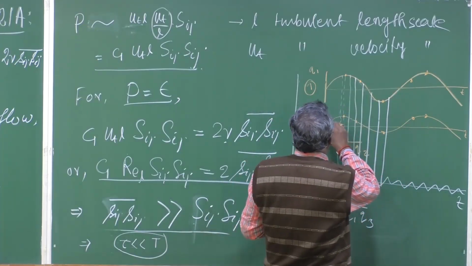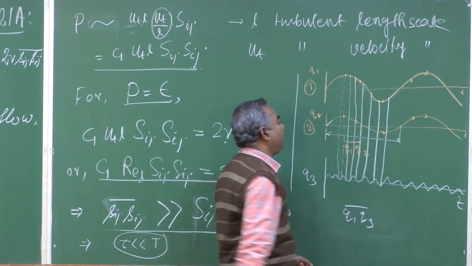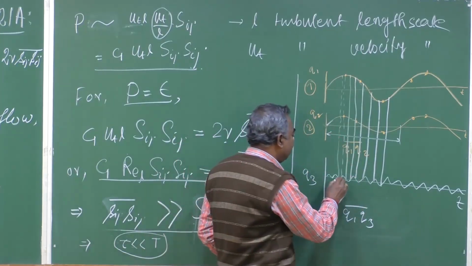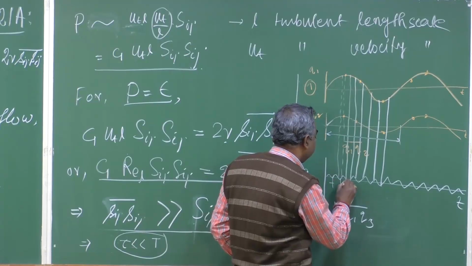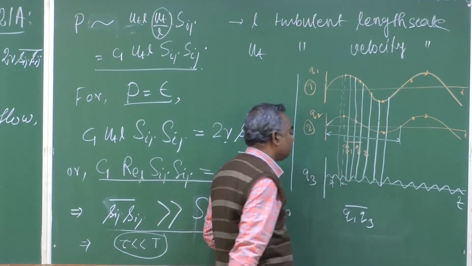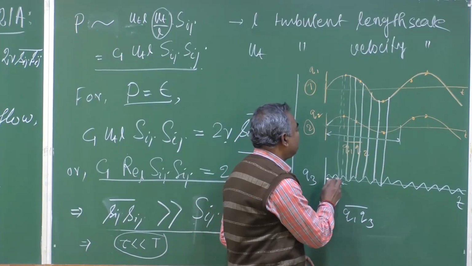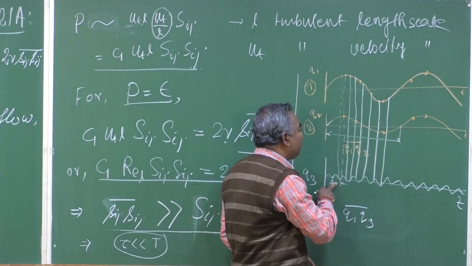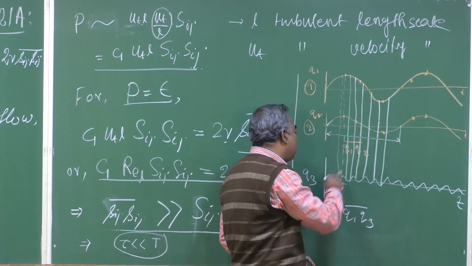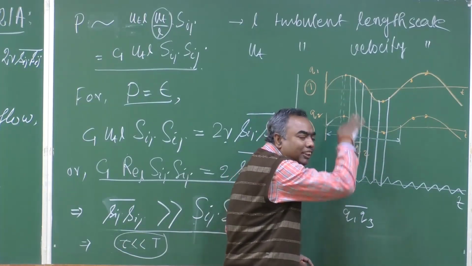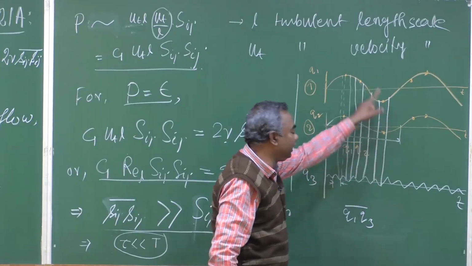For this wave the time period is this much, and for the other case the time period is from here to here. So this time period is much smaller compared to that one, and the frequency of this is much higher than the frequency of that.